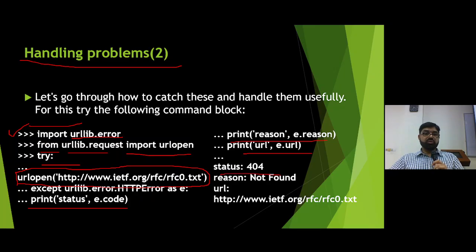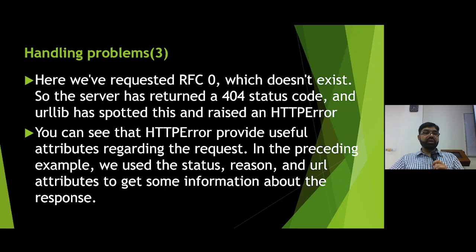So the status is 404, the reason is Not Found, and the URL is this. What we actually did here is request an RFC zero, which does not exist. The server returned a 404 status code, and urllib stopped this and raised an HTTPError. So you can see that HTTPError provides useful attributes.